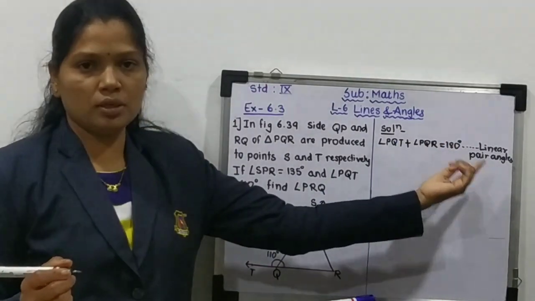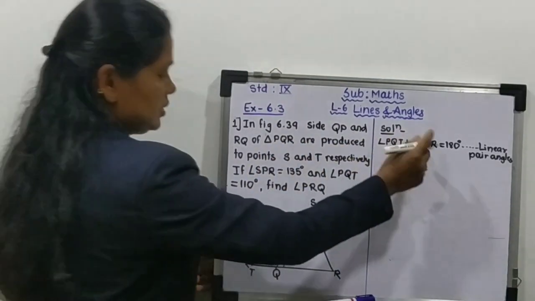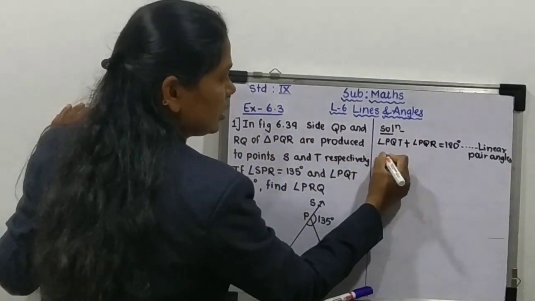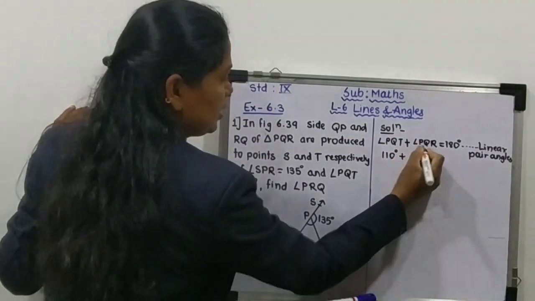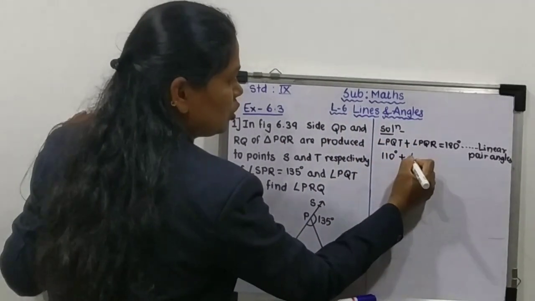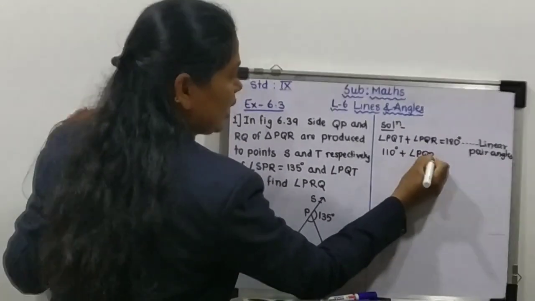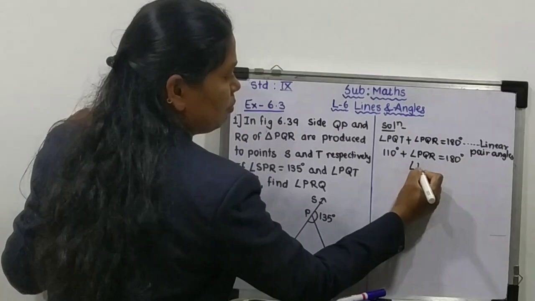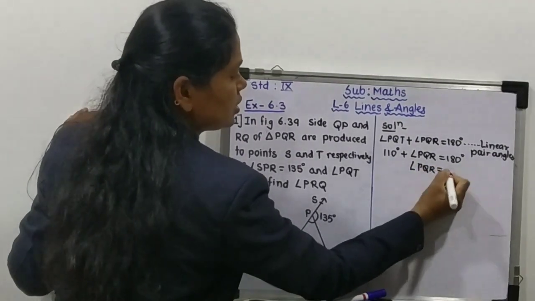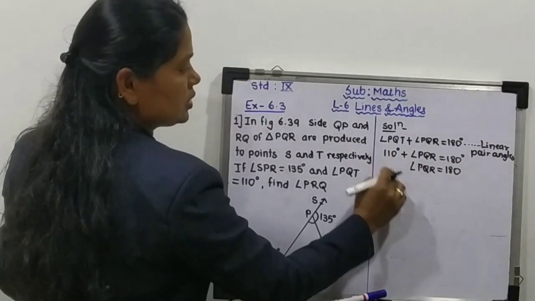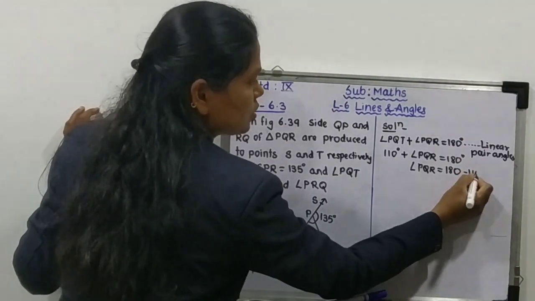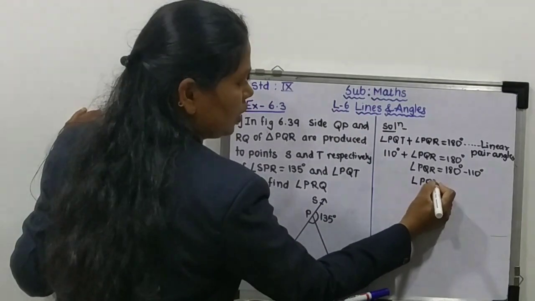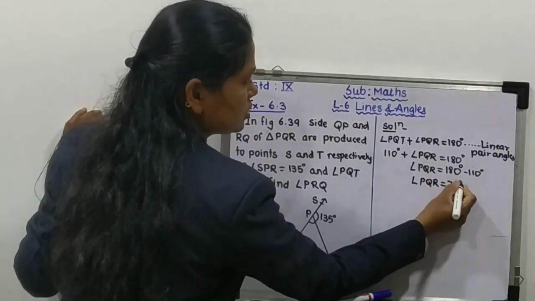You may lose marks there. So it is compulsory. Now PQT is 110 degrees, plus PQR, which is unknown, equals 180 degrees. We transpose this 110, so it gets subtracted. So angle PQR is equal to 70 degrees.